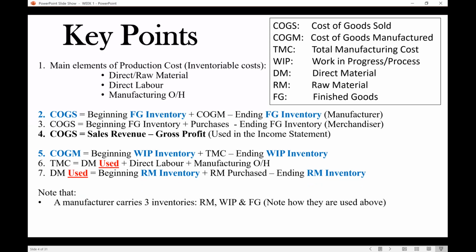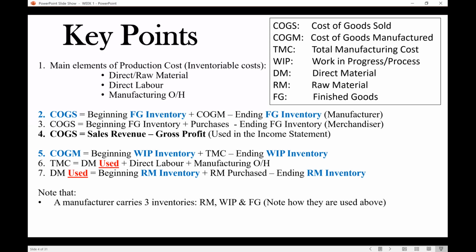Because on a daily basis, in your production cycle, you'll always be buying more raw materials. So what did I have before? What did I purchase? Together, that gives me what I have available. When I subtract what I have left, it gives me the answer for what I have used. I hope we are seeing that.